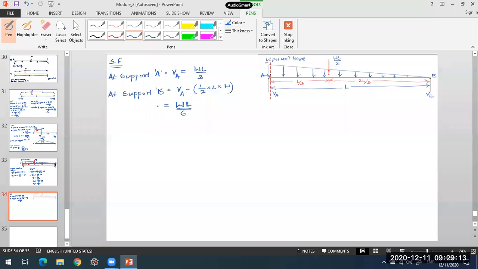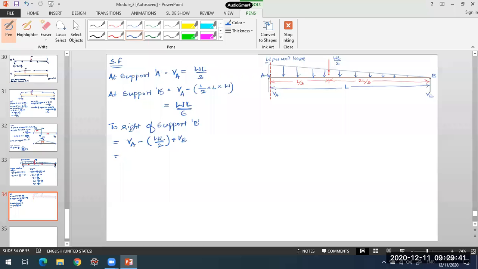Once you cross that support B, it will be 0 because you will be taking in this VB reaction. So to the right of support B, the shear force will be equal to VA minus W into L by 2 because of that uniformly varying load, plus VB.